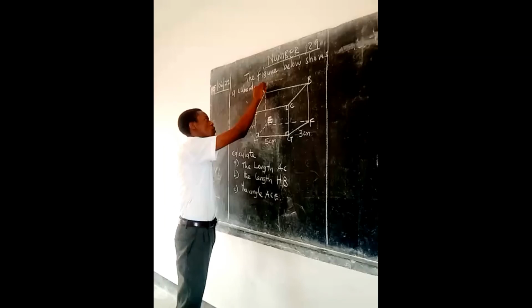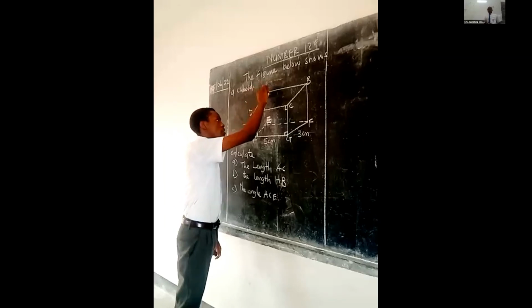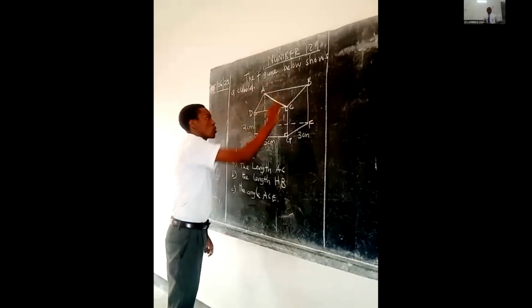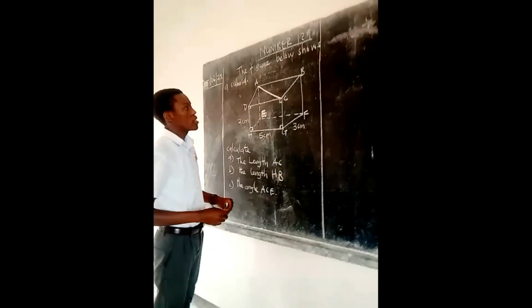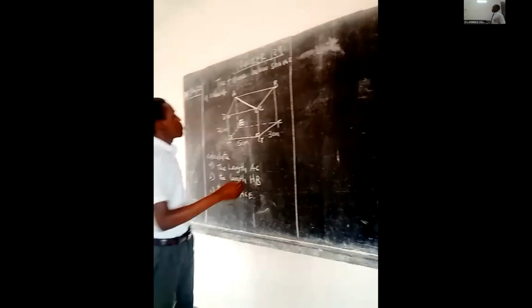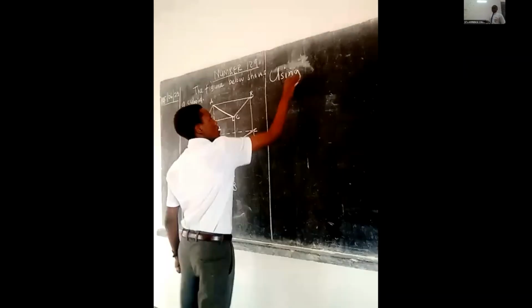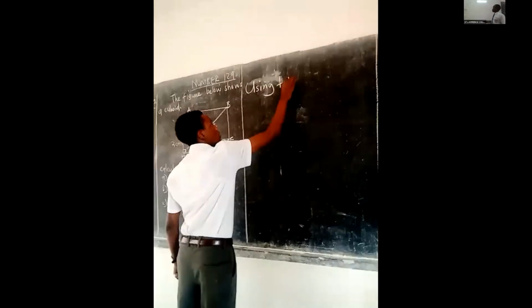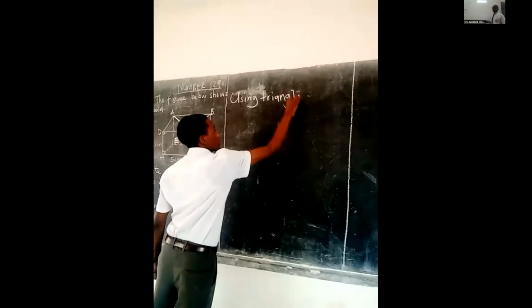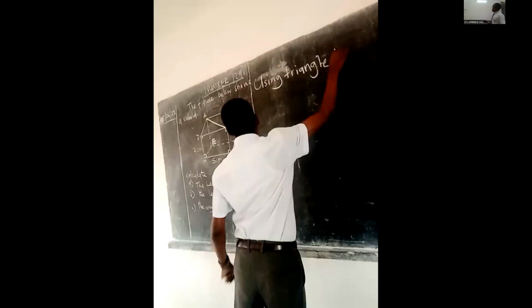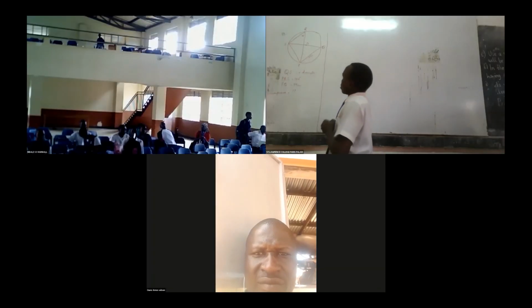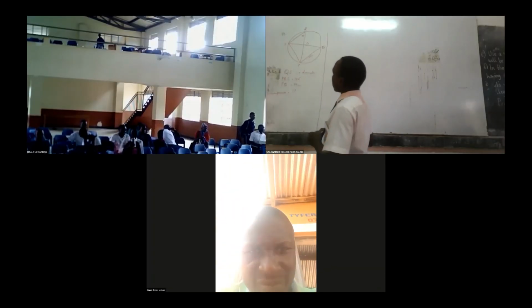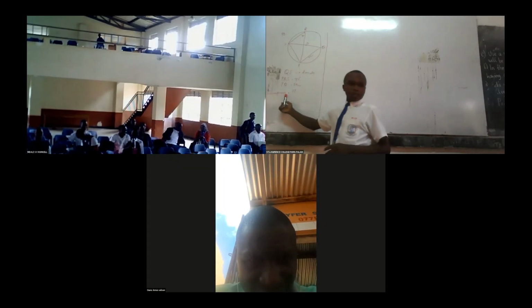Okay, thank you, sir. My name is Hibuji Eric from St. Lawrence, S4 class. I was given number 28, and it is in the topic of angle properties of a circle. To look at this diagram, you have to first identify the tools, because the question says we should find the circumference.